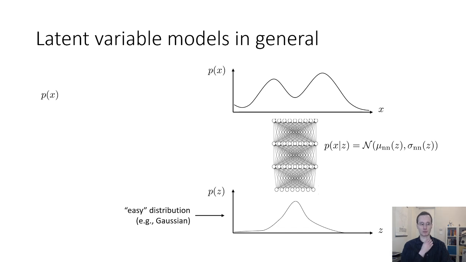So instead of having to represent a really complicated distribution P of x, now we have two simple distributions and a complex deterministic function. And the reason this is desirable, of course, is that we know how to train deterministic functions. We do that using neural networks.